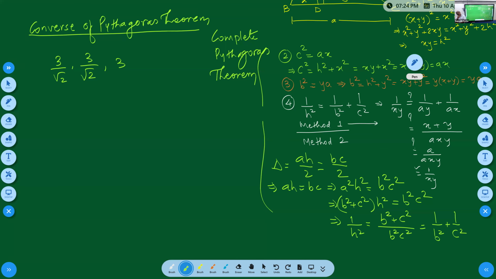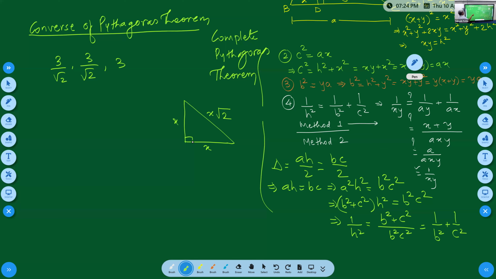Why? Because 45, 45, 90 we studied. If hypotenuse is say 2 root 2, then the sides are 2 and 2. X, X, X root 2, because of Pythagoras theorem.